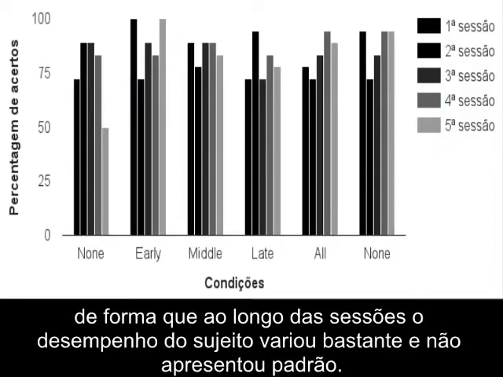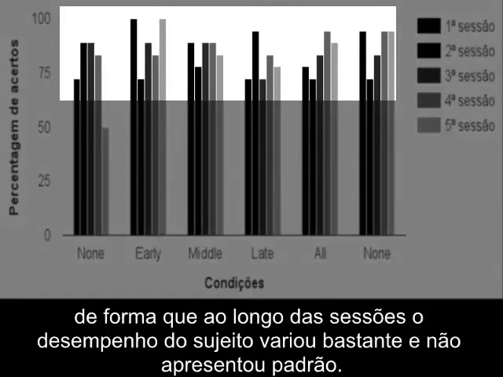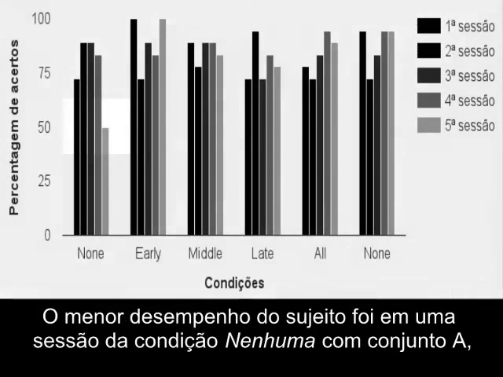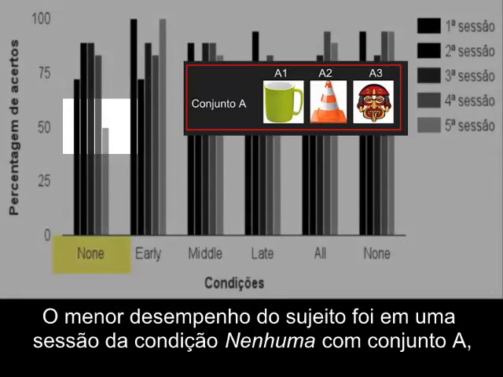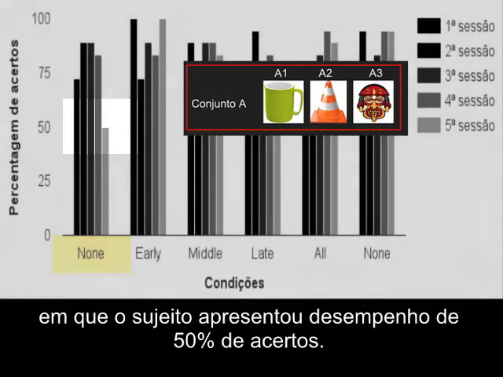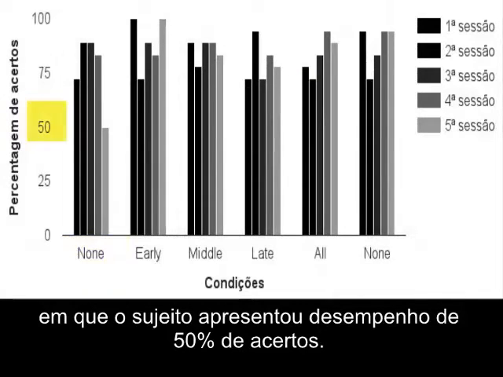During the sessions the subject's performance varied widely and no standard was presented. The lowest performance of the subject was in a session of the condition none and set of stimuli A, in which the subject showed a performance of 50% accuracy.